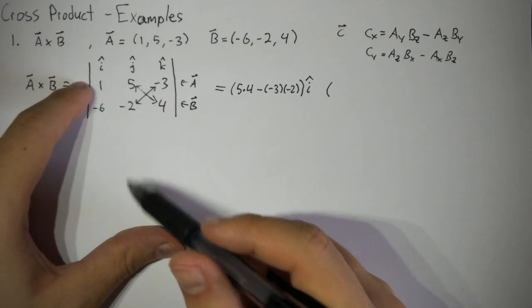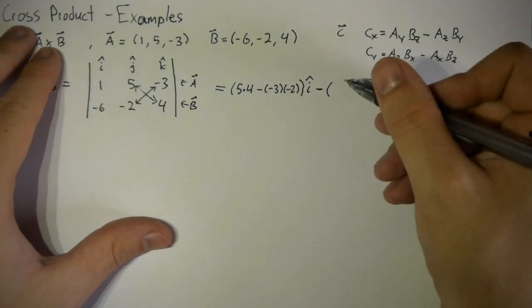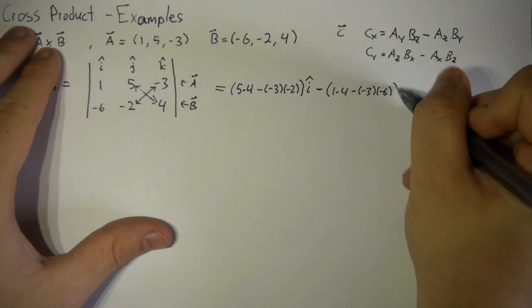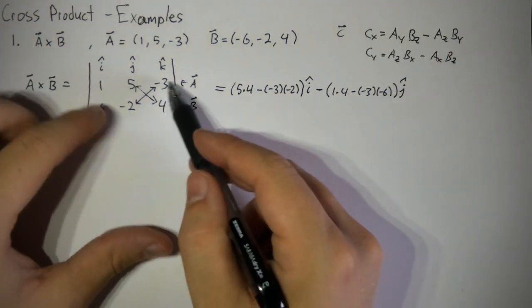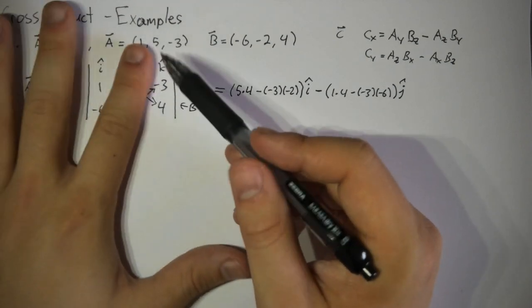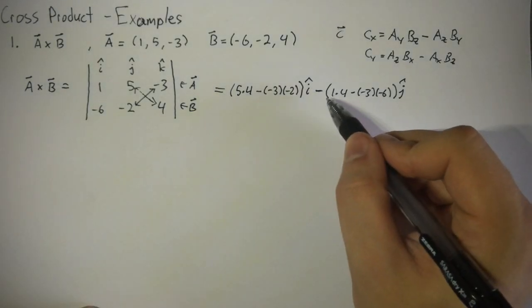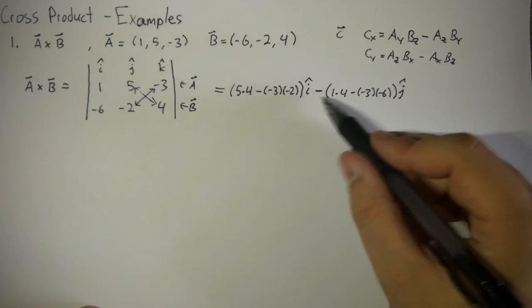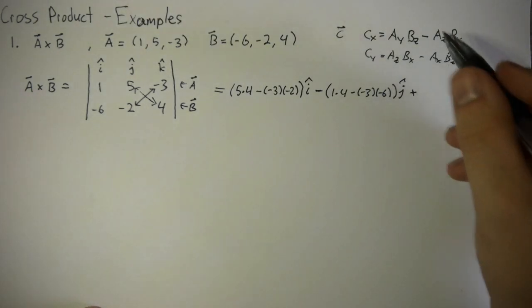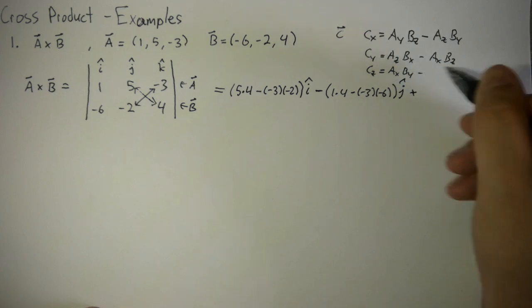If we want to keep it consistent and multiply this minus this, we can do 1 times 4 minus -3 times -6. You could do it the other way around, but it's easier if it's consistent, where you always take these two minus these two. So always remember to put the negative before the J component.